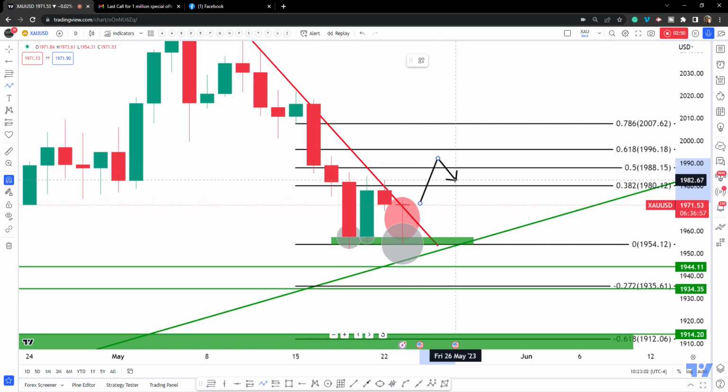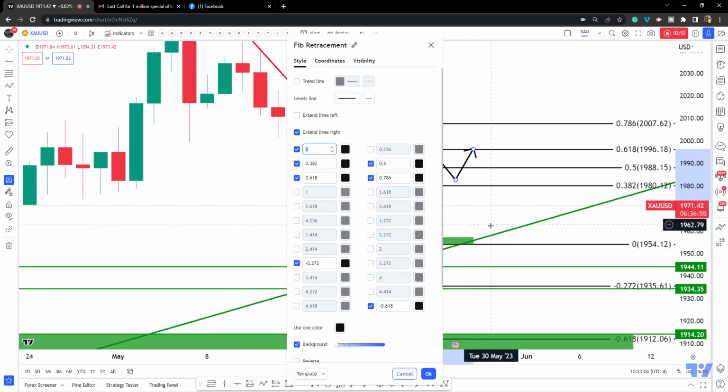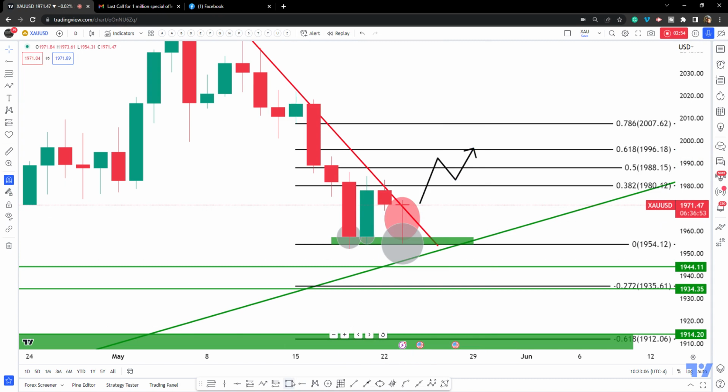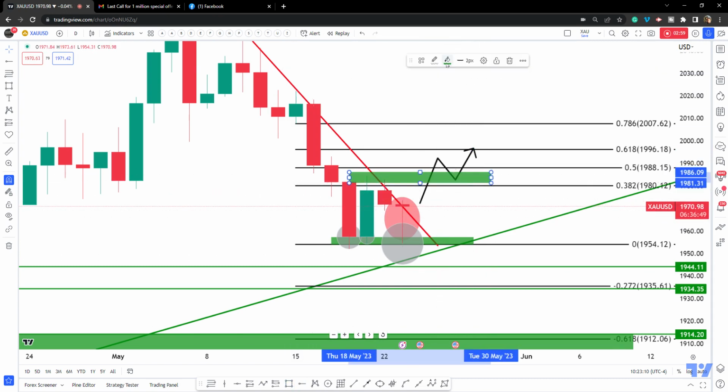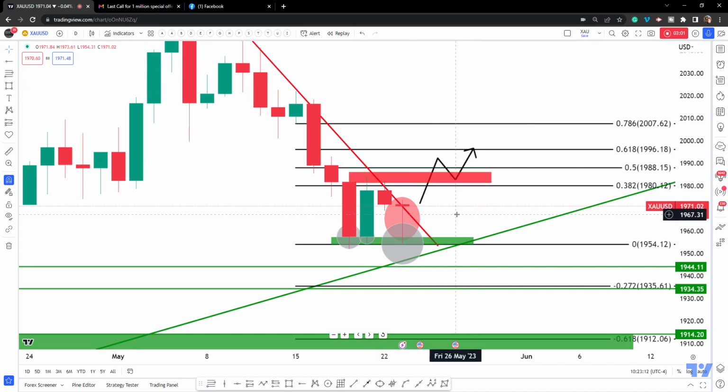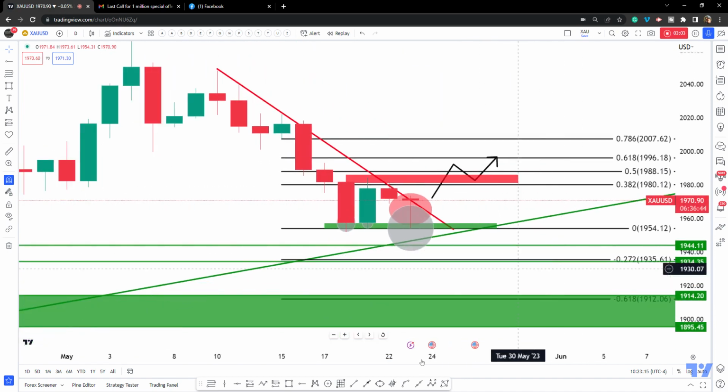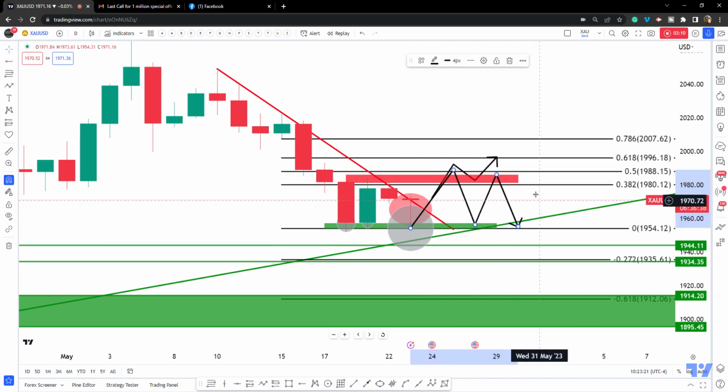The market will need to get above this area of potential resistance. Or we'll be looking at a scenario where we're trapped between resistance and support.